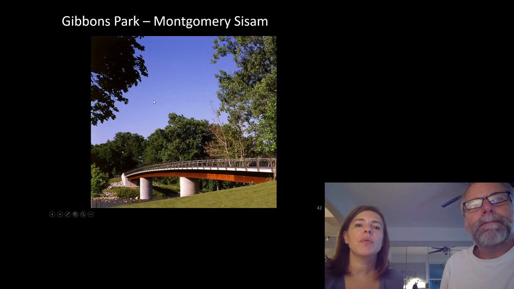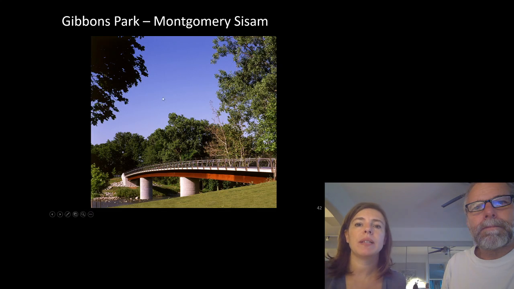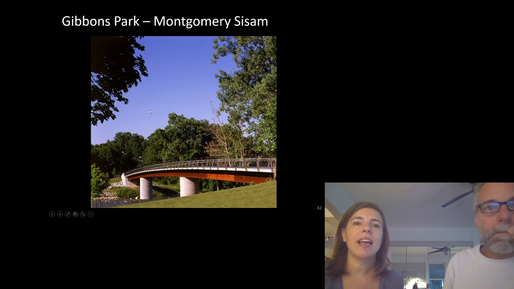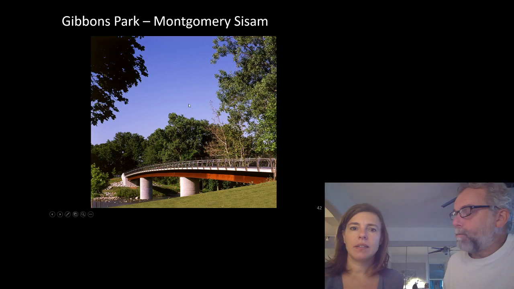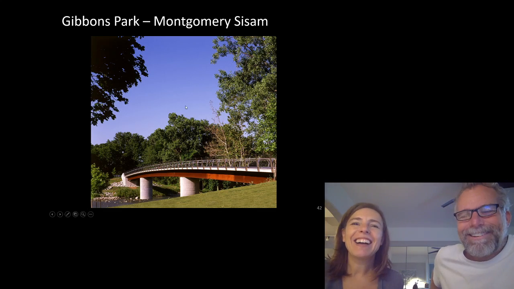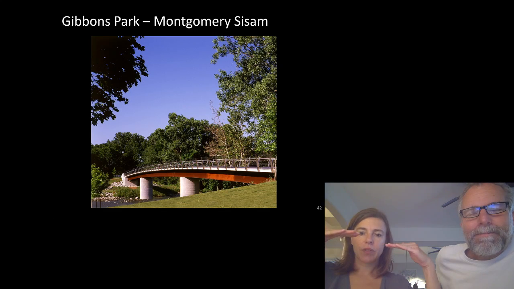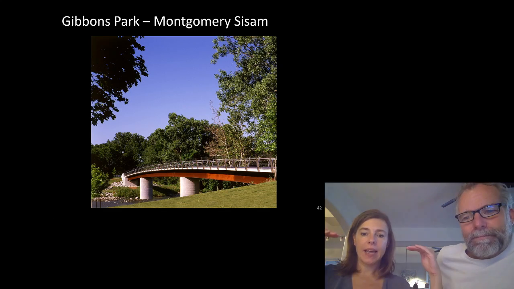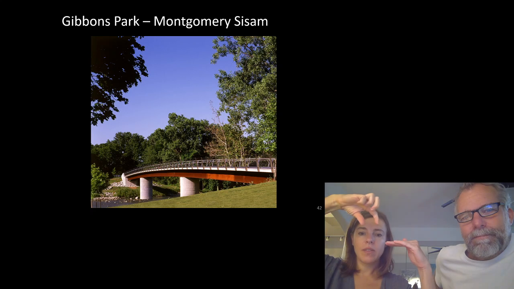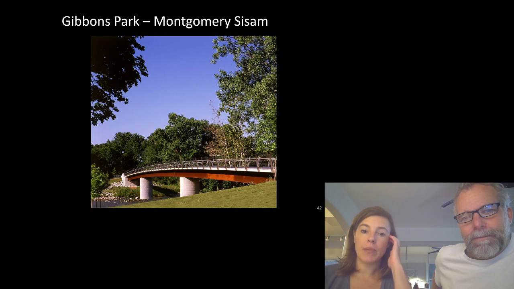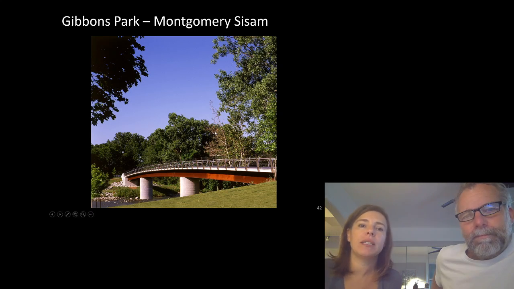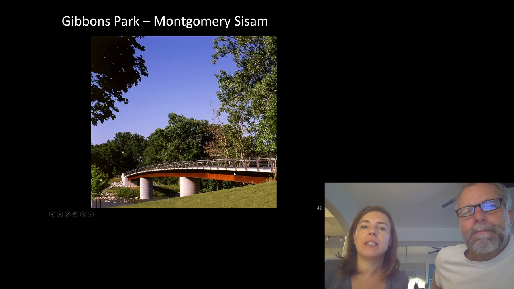So this is not one that we worked on, but Bob Davies from Montgomery Sison did send me this one. What I like is that it's a Gerber girder system. A Gerber girder system. You dropping names? A Gerber system is when you have two elements that cantilever out past a support, and then you just drop one little piece in the middle, which is often how we build bridges, but I just like how visible it is here.